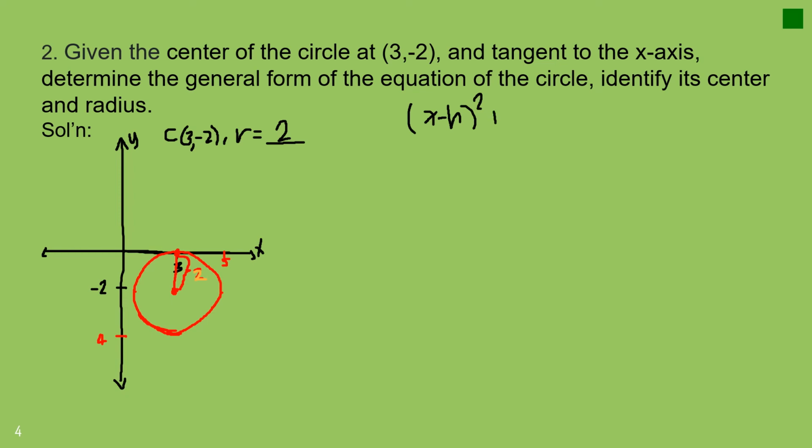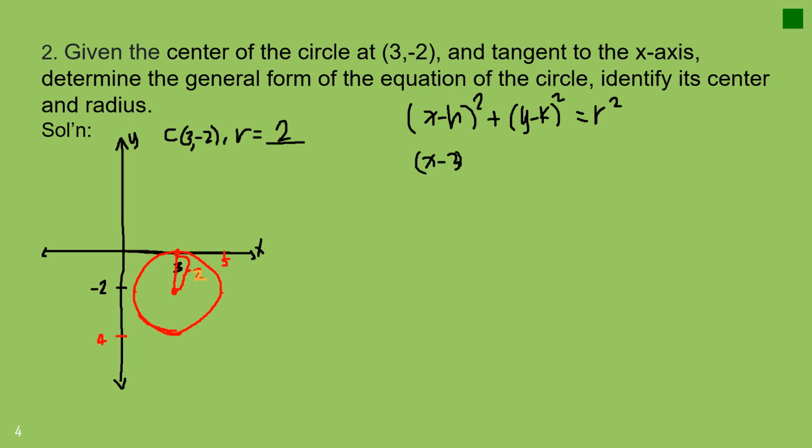So again, standard form of the equation of the circle is x minus h quantity squared plus y minus k quantity squared equal to r squared.